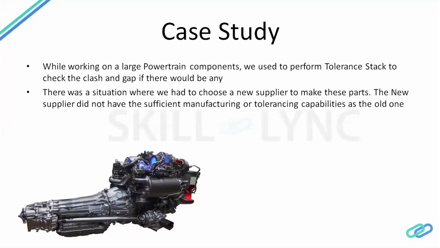What exactly happened is, it took 2 or 3 months to work out all the stack-ups involved for a transmission. And in some cases there were a lot of clashes. So either we had to reduce the thickness of the part, or change the tolerances involved, and we had to play a lot around so that we could achieve the quality.